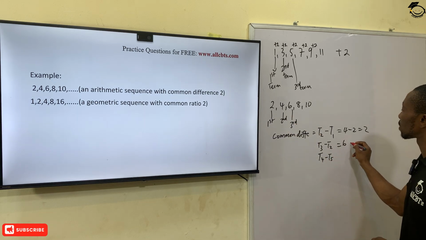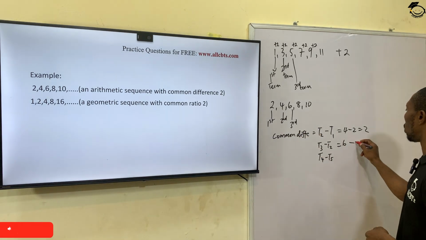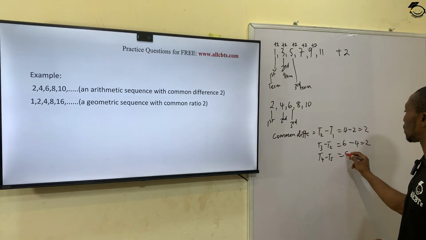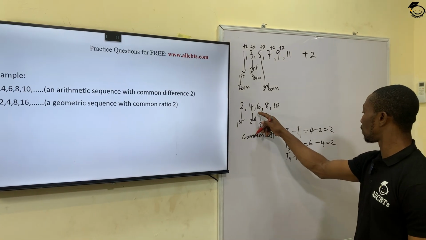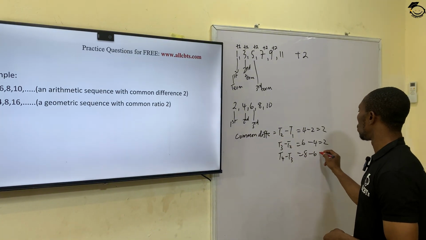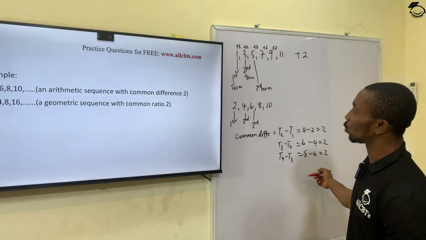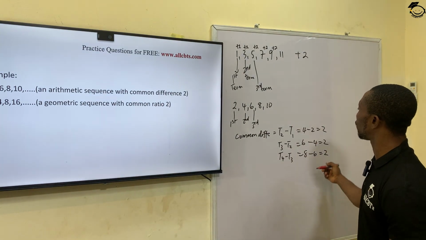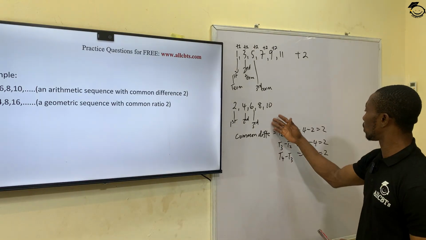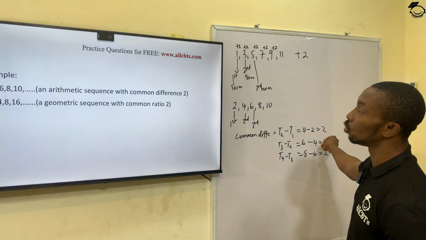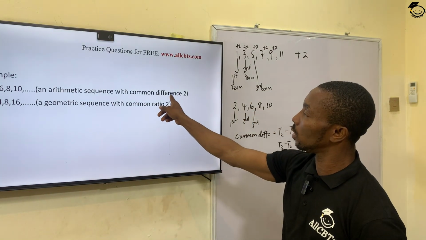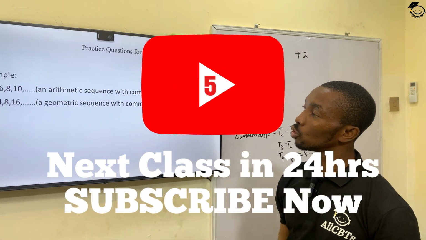T3 is 6, minus T2, which is 4, would give us 2. T4, which is 8, minus T3, which is 6, would give us 2. So in this, we can see that our common difference is constant all through, which would be 2. That's why in this arithmetic sequence, the common difference is 2.